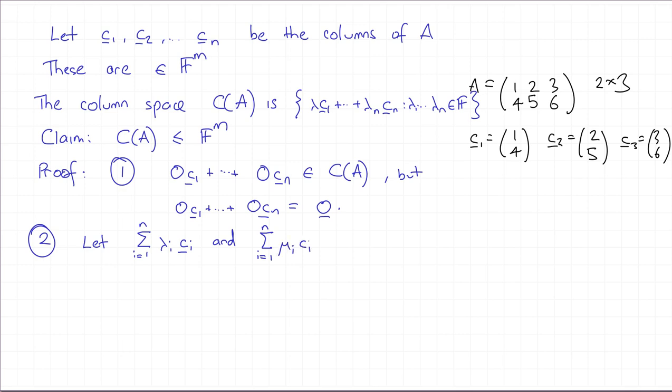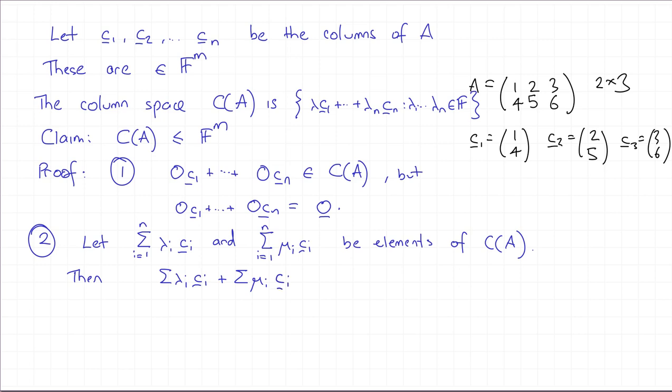That's what two arbitrary elements of the column space would look like. So I need to show that their sum is also in the column space. So I'm going to be lazy and miss off the limits because they don't really matter.